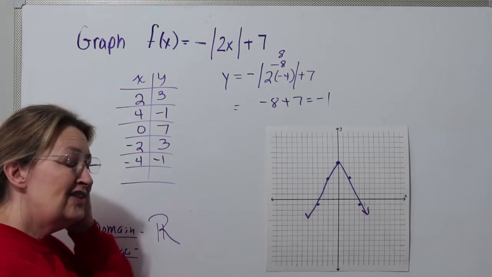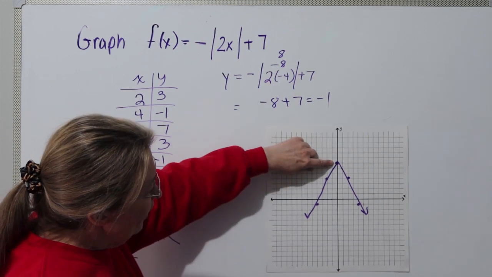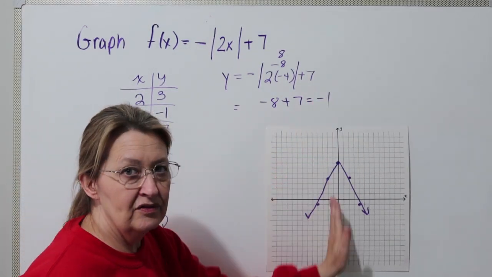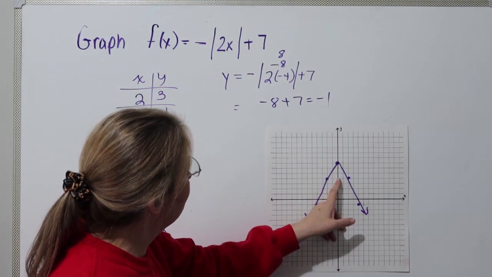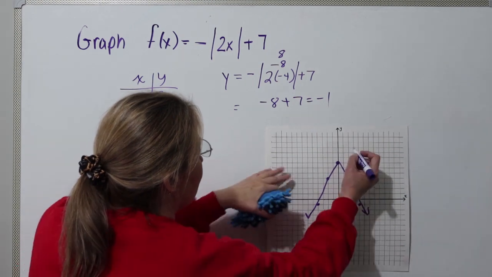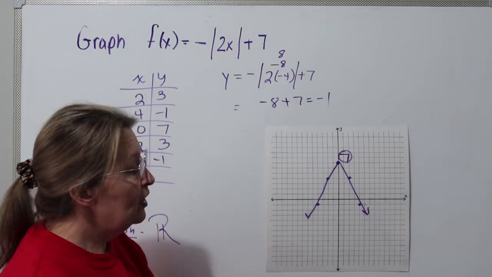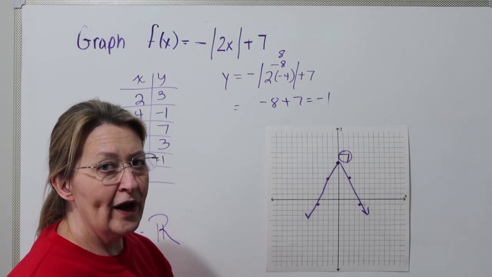Now, my range is the set of y numbers. So look, this graph stops right here. Here's your y-axis going up. So when I go up here to 1, 2, 3, 4, 5, 6, 7, that's as high as it's ever going to go. This graph is never going to go past 7. So where is it?